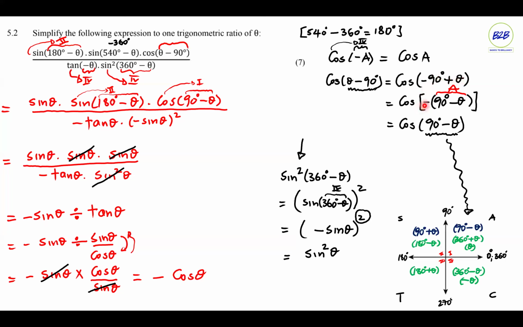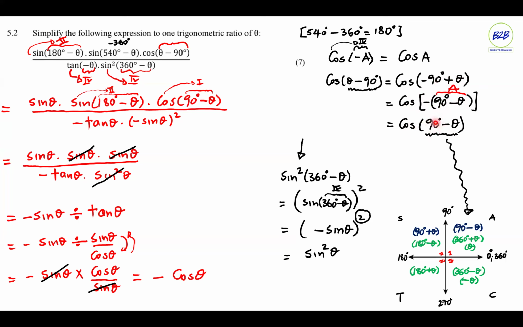Then take out the common factor, which is negative 1, left with 90 degrees minus theta. And then just assume for a moment that in the place of 90 degrees minus theta, you have A there, which means you have minus A. So a cos of minus A would be cos A. But what is A? 90 degrees minus theta.